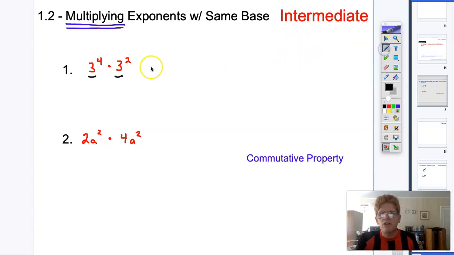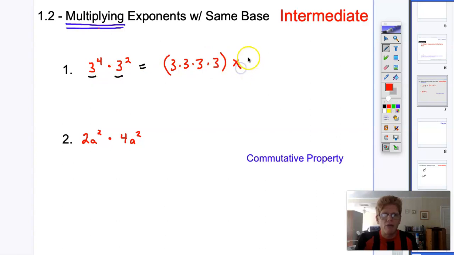So what we're going to do, actually, is take a look at what it means to multiply these two exponents. What is 3 to the fourth in factor form? Well, that would look like this: 3 times 3 times 3 times 3. That's 3 to the fourth. Now, we would be multiplying that by, so I'll use this multiplication symbol, times 3 to the second.